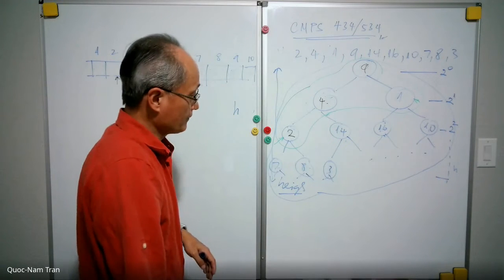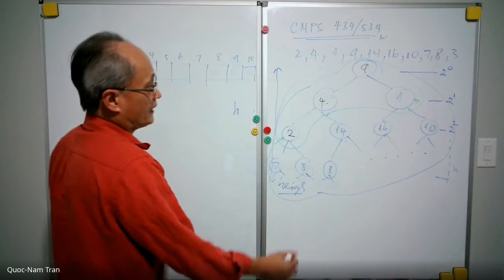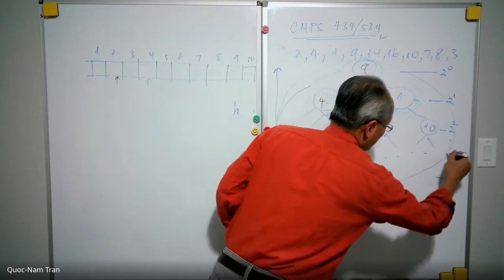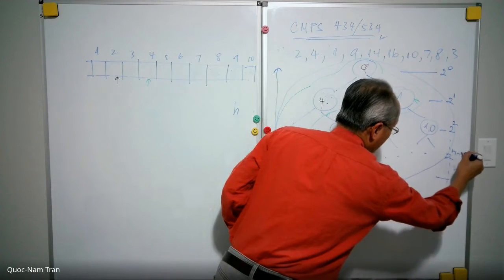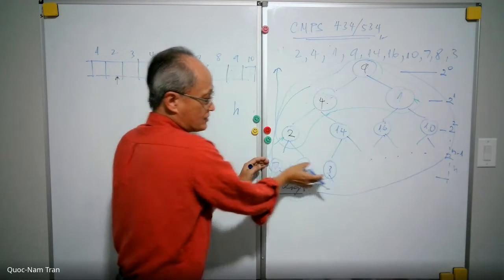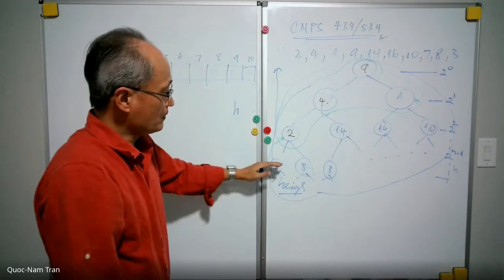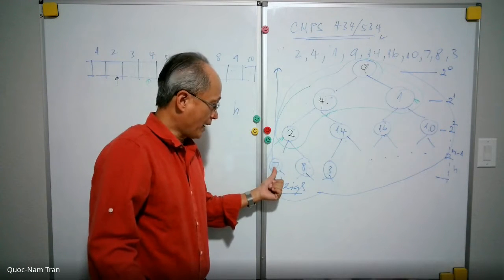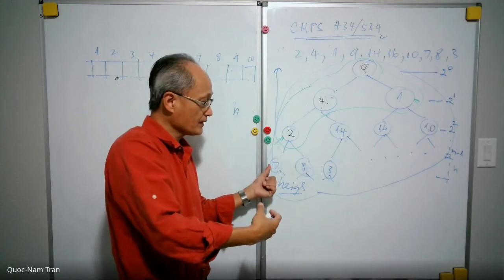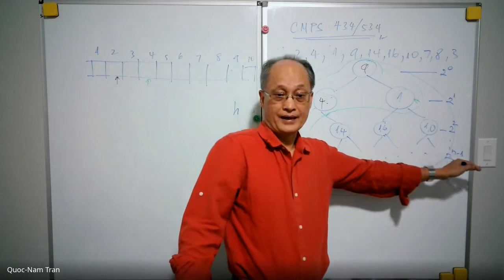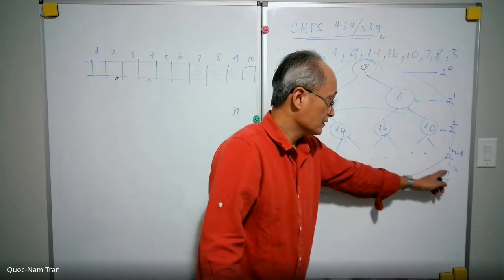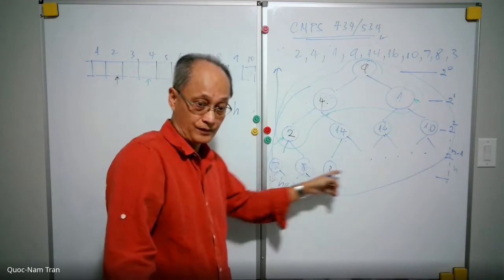Then the level before the last will have 2 to the power h minus 1. How about the last level? The last row can have anywhere between 1, when we have only one node on the last level, and when it's full, how many elements does it have? 2 to the power h if it's full.